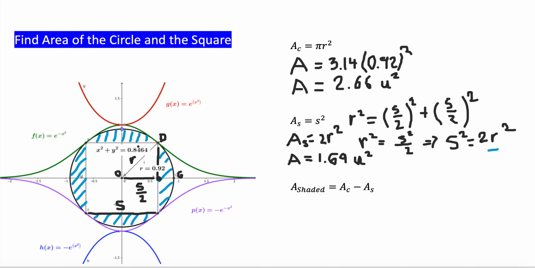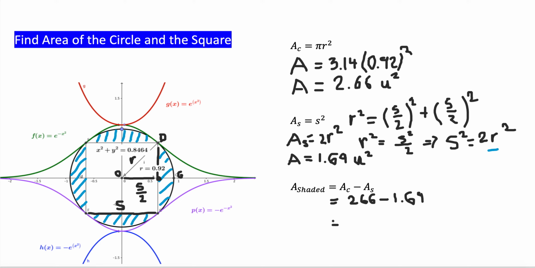Now we want to find the shaded area. The shaded area is between the circle and the square, so it is equal to the area of the circle minus the area of the square. We already have those values. A shaded is equal to 2.66 minus 1.69 unit square.